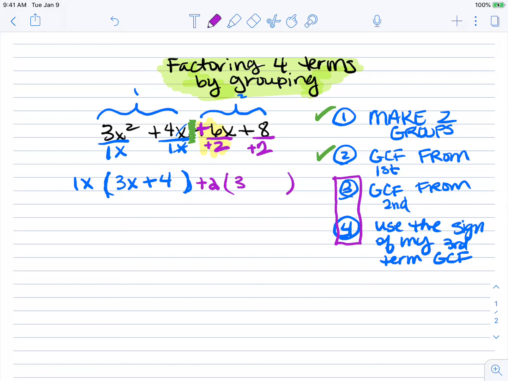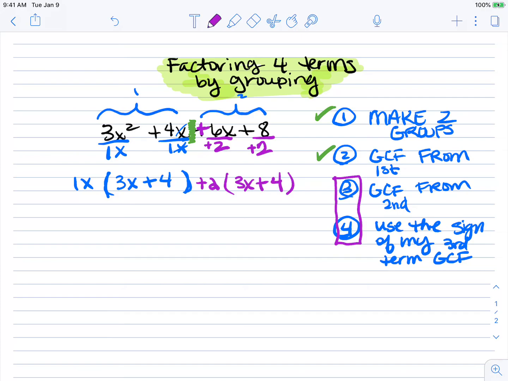Well, that's going to give me 3. And then I still have this x right here, so I'm going to write that down too. I still have this plus sign, so I'm going to write that down. And then I want to know what 8 divided by 2 is, and that's going to be 4.